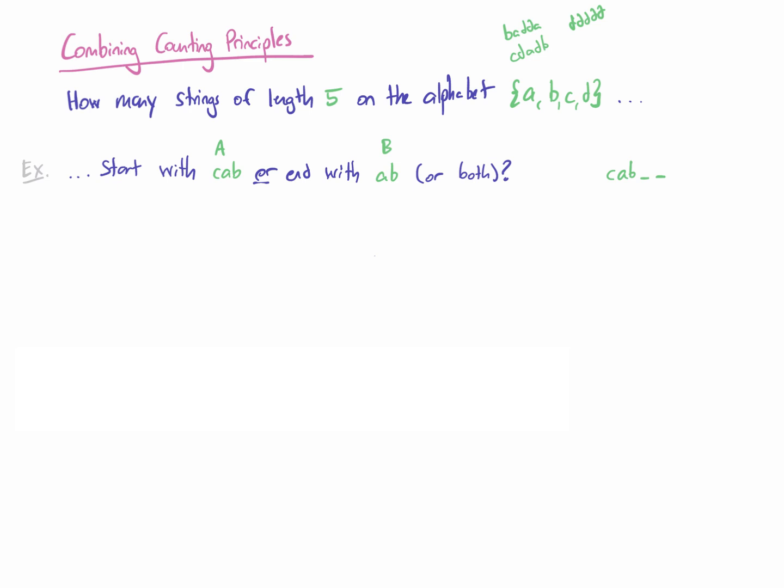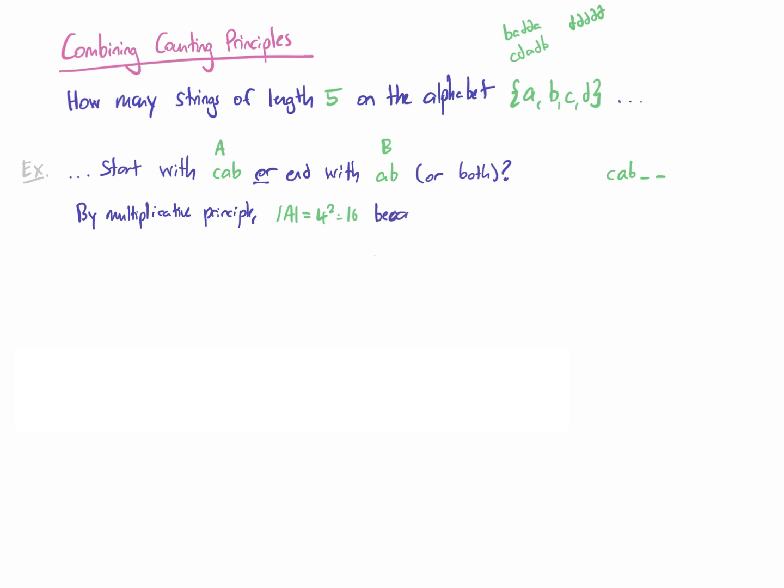There's 4 ways to fill in the first one, and 4 ways to fill in the second one. I'm in a setting of sequential choice, so I'm going to use the multiplicative or product rule. The size of A is equal to 4 squared, or 16.